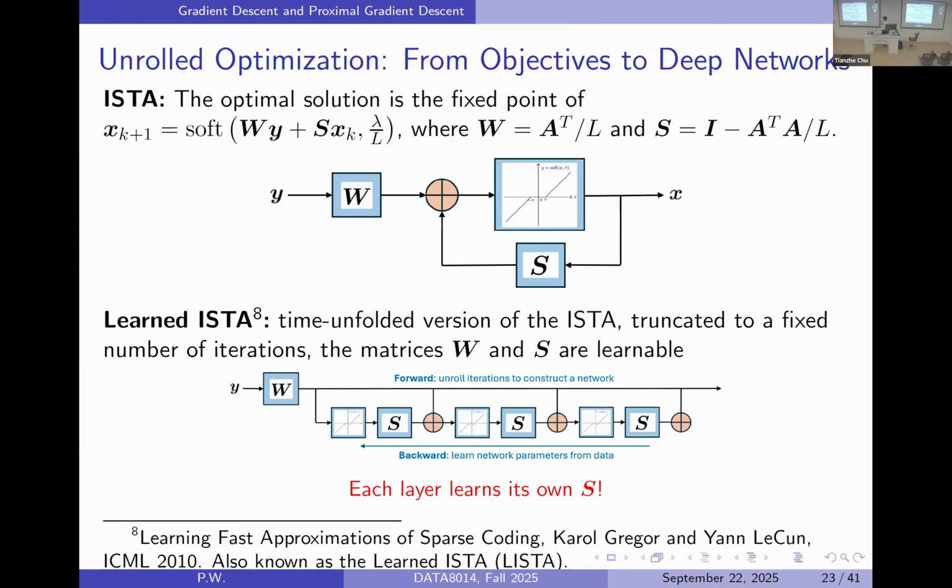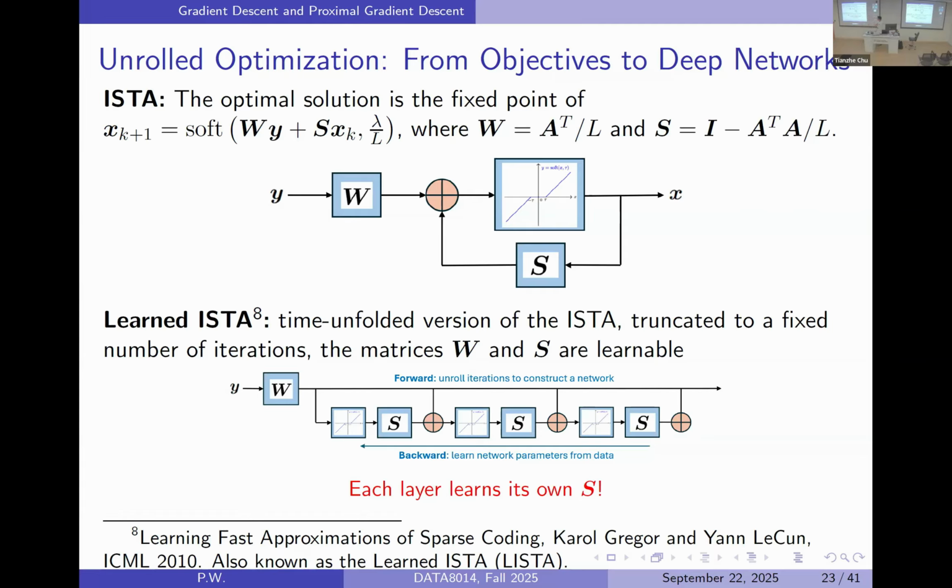But a very key concept is that when we construct a neural network by unrolled optimization, you need to learn the parameters of this network using backpropagation. That is, in the backward process, you learn the network parameters from the data. W and S are usually learnable in applications.